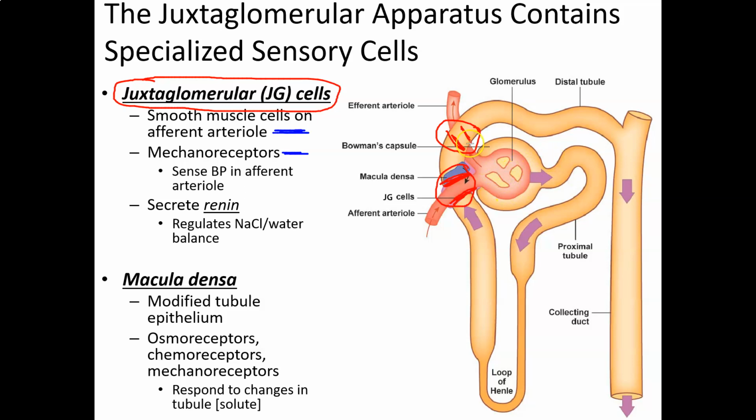So these mechanoreceptors are always sensing the blood pressure, and they can dilate or constrict the afferent and efferent arteriole to increase that. So as an example, let's say right here, this is the diameter of my afferent arteriole. And if pressure was low going through here, and the mechanoreceptors were able to sense that, then they would dilate the blood vessel.